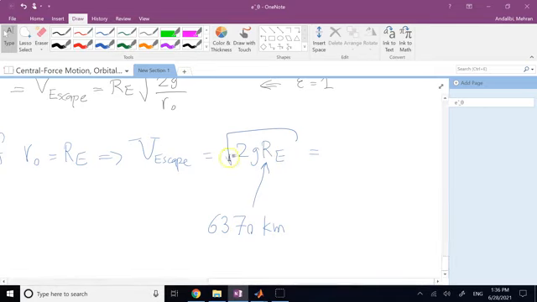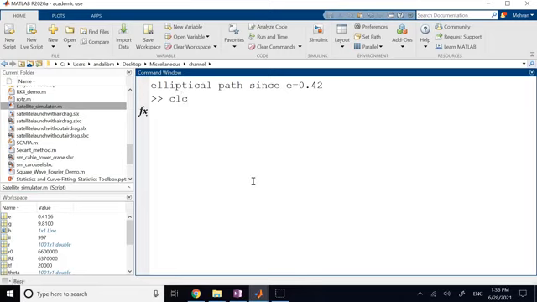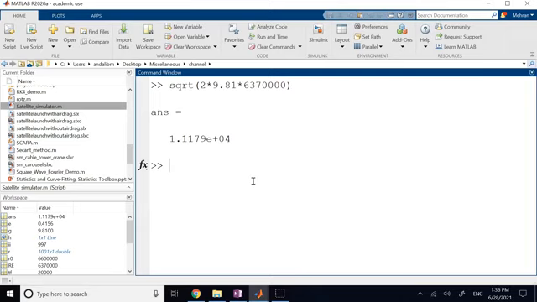But if we assume the average and plug into this formula, let's just do that. So square root of 2 times g times 6370000, in meters. And then you will get basically 1.1179 times 10 to the 4, or basically 11,179.